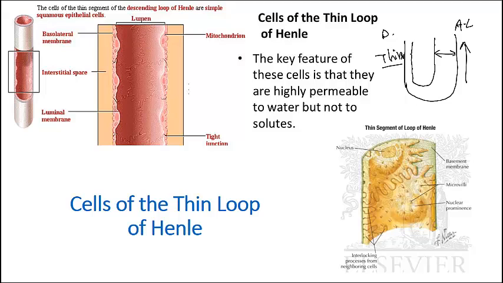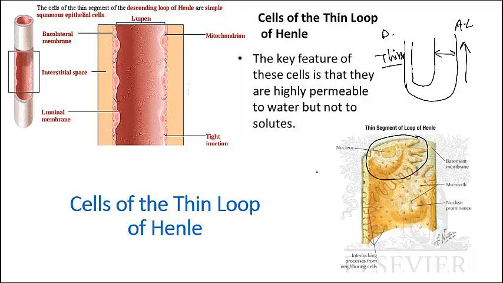If we look here, this structural difference is also playing a vital role in the separation of important nutrients and solutes from this excretory juice. The cells in the thin segment of the descending loop of Henle are simply squamous epithelial cells, as you see.